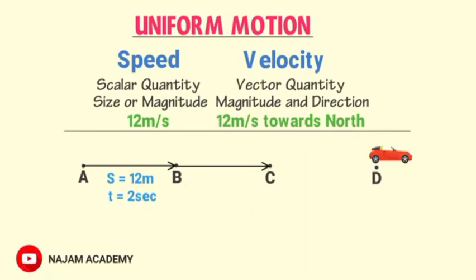From point B to point C, the car again covers displacement s equal to 12 meters in time t equal to 2 seconds.